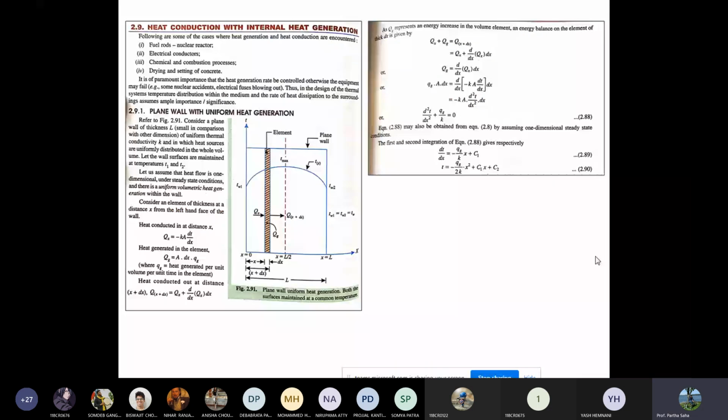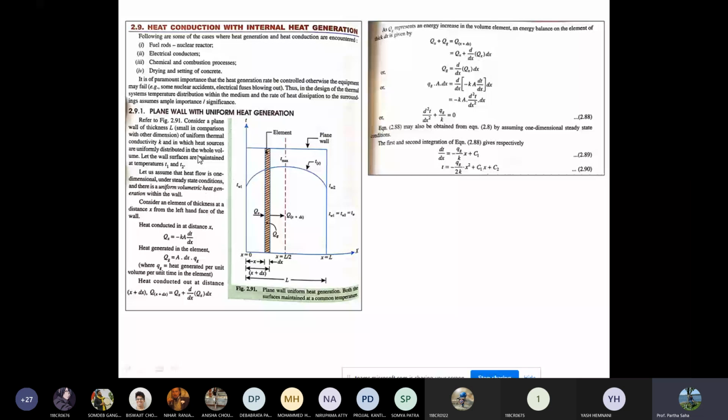As you can see, heat conduction with internal heat generation is encountered in nuclear reactors with fuel rods, in electrical conductors, during chemical and combustion processes, and in drying and setting of concrete. In the figure you can see a plane wall of thickness L, with uniform thermal conductivity K, in which heat sources are uniformly distributed in the whole volume.